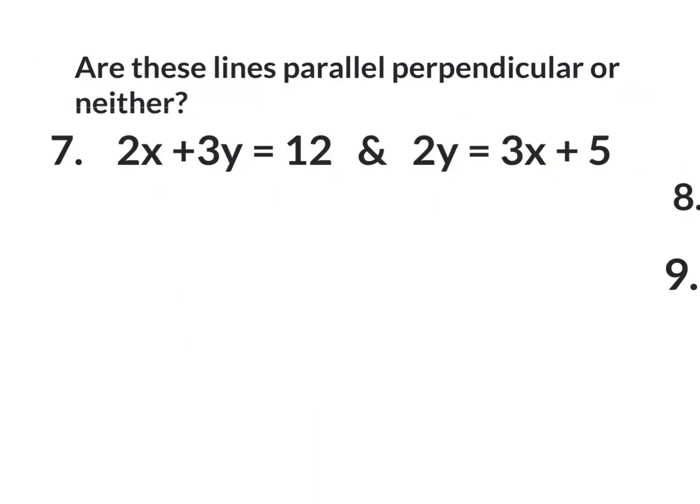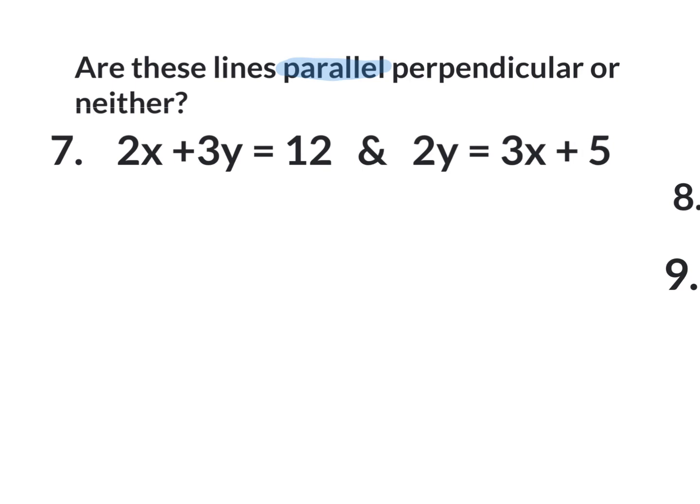Let's move on. On these next set of questions, we need to identify which equations produce parallel lines or perpendicular lines. So let's begin by knowing the difference between parallel and perpendicular. First of all, parallel lines never intersect. They have the same slope.